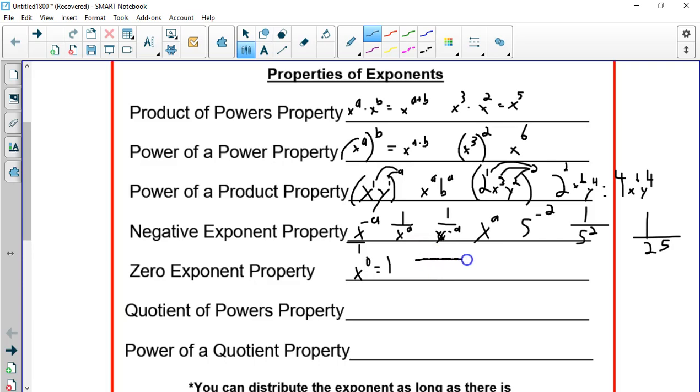So I could have a fraction, something like 1,372 x y to the 4th over z, all that, plus 2, whatever. If I put it in parentheses, this whole monster of a mess raised to the 0, it's 1. As long as this whole quantity is raised to the 0, it's just 1.